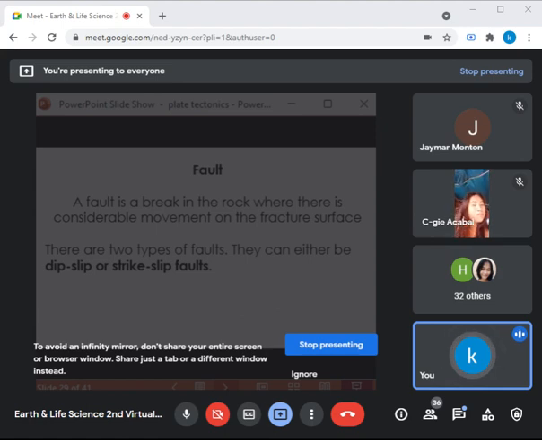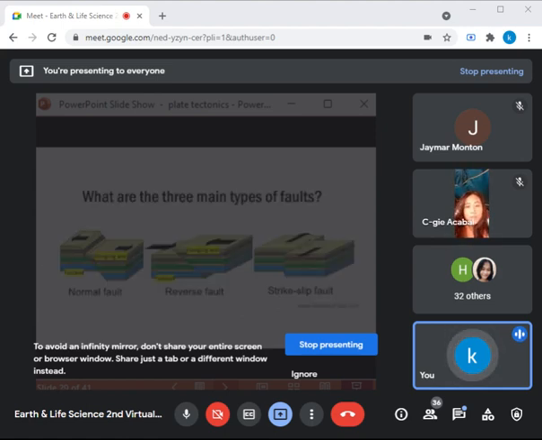Kaning dip slip fault naa siya duha ka klase. Okay, kanang normal fault o reverse fault, dip slip fault na silang duha. Okay? So naa nay duha ka parts ang dip slip fault. Naa siya hanging wall and then naa siya footwall. Okay. Nakita ninyo ang hanging wall o footwall diha sa picture?